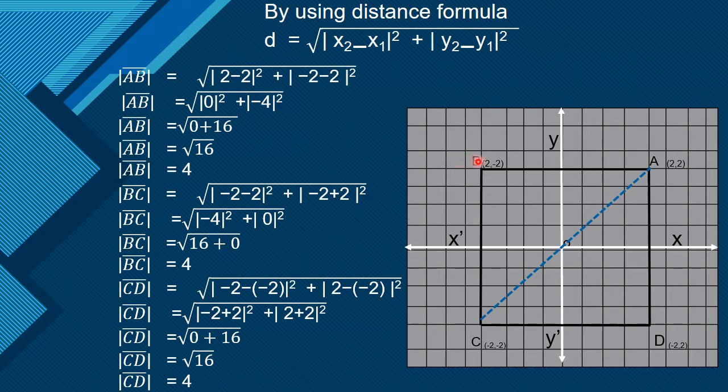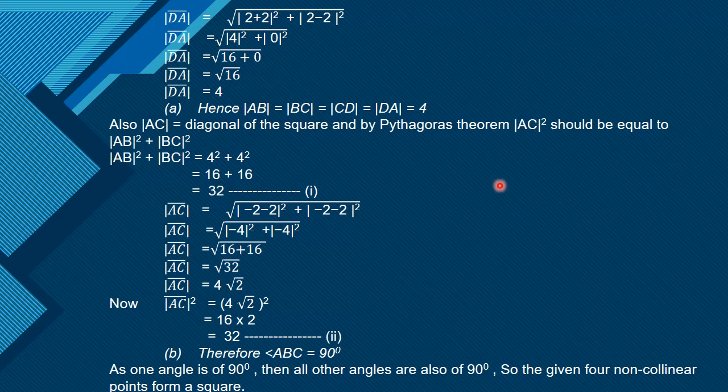Now we have to find the fourth distance, that is DA. Applying the distance formula to the coordinates of D and A, we found the distance DA is also 4. Therefore, the first condition is fulfilled: AB, BC, CD, DA are all equal to 4. That is, the length of all the sides is equal.